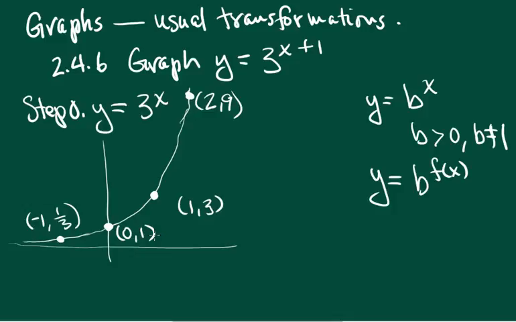How come? Well, 3 raised to the power 1 is 3. 3 raised to the power 2 is 9, etc. 3 raised to the power -1 is 1/3. So what I have on this graph is bits of y equals 3 to the x.